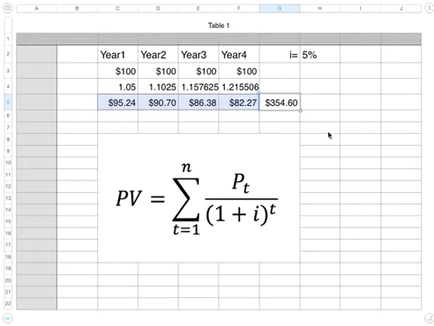So for example, if somebody had offered you the option of taking a payment of $360 right now versus this payment stream at 5%, you would select the $360 immediate payment, because the present value of that payment stream is less than $360. It's $354.60.